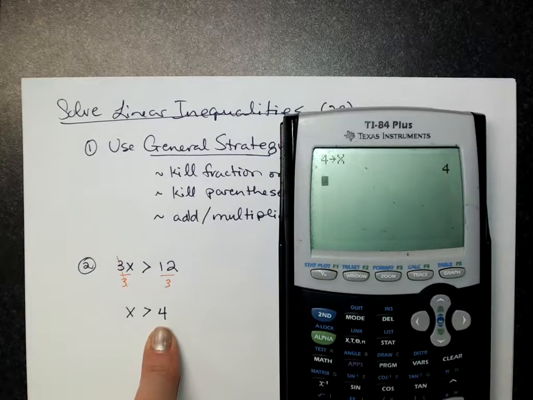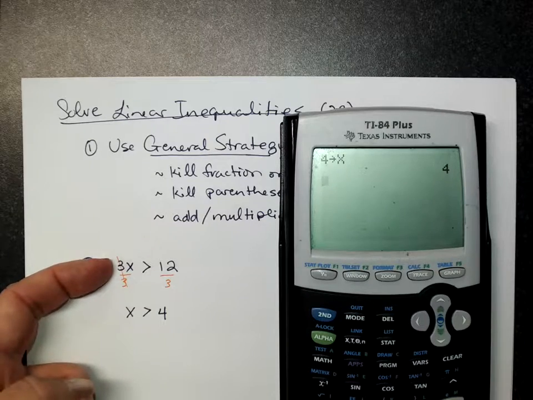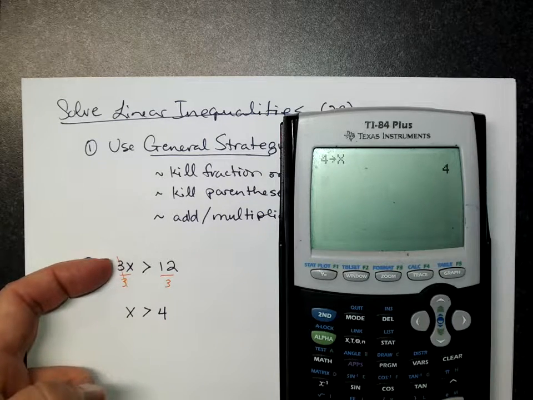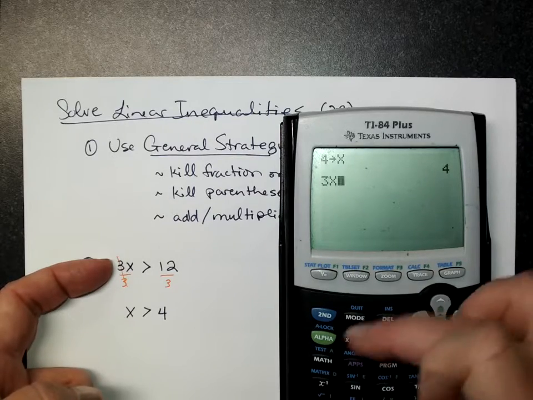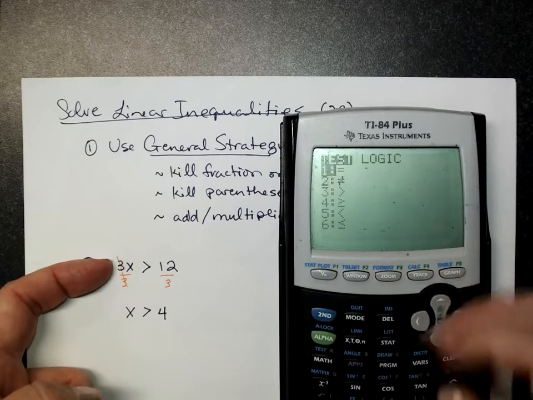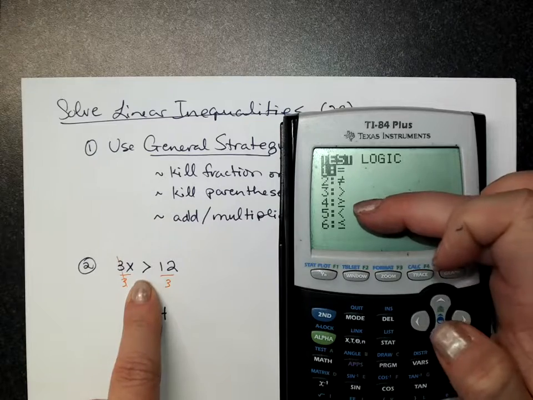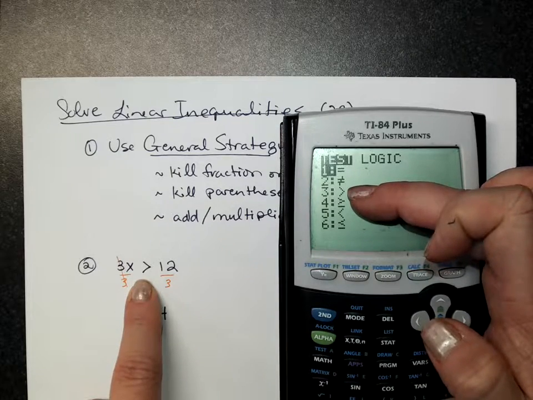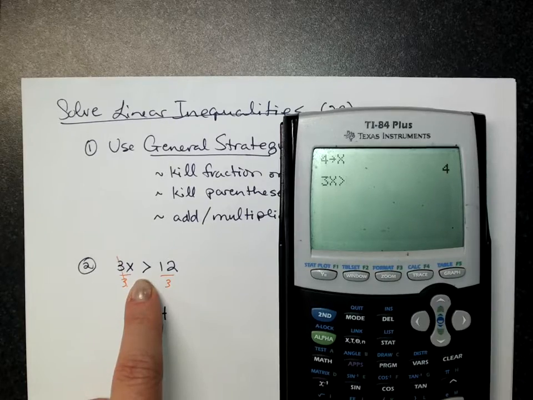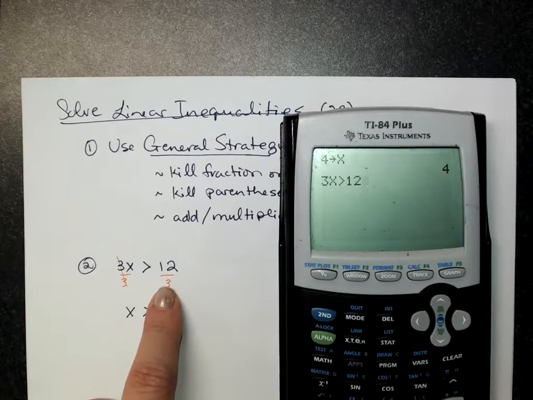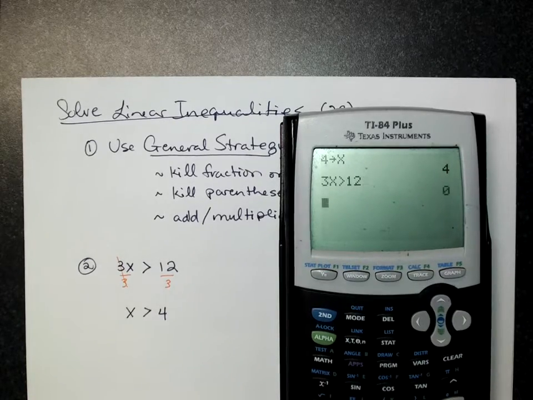Now enter your original inequality just like you see it, and look for a true or false. So I would enter 3X, then go to second math to get my test menu, and choose the greater than symbol, which is number 3. I can scroll down and push enter, or just push the number 3. Then put in 12, and you're going to get a true or a false.